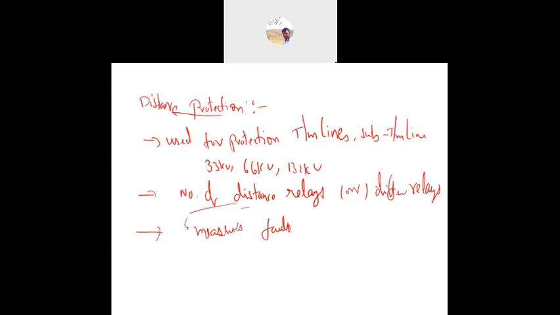The distance relay measures where the fault is, the fault location, and it is expressed in terms of the impedance value.